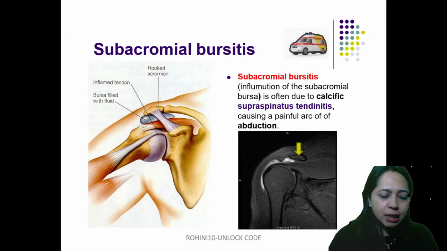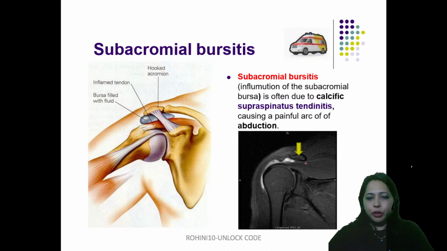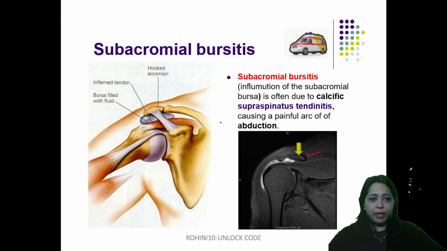Subacromial bursitis. Subacromial bursitis is very important. Why? Here you can see subacromial bursitis because sometimes, as I told you, the tendon of the supraspinatus can get calcified. See here, the bursa is filled with fluid and it is inflamed, and it is also causing a lot of pressure to the muscle that is beneath it.